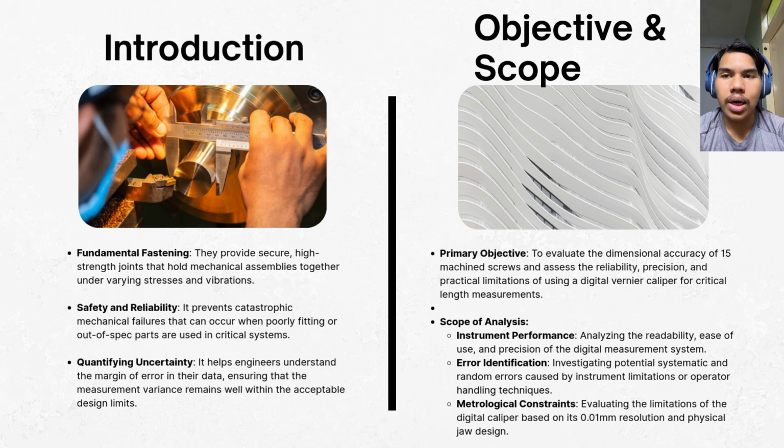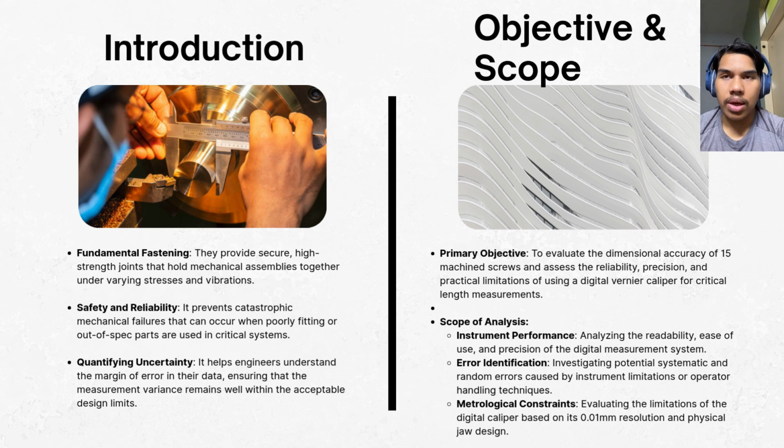To start with, we will go with the introduction part of why we need instrumentation, why we need to measure. In our case, for the Faculty of Mechanical Engineering, we need fasteners, basically screws and also bolts. Why do we need that?